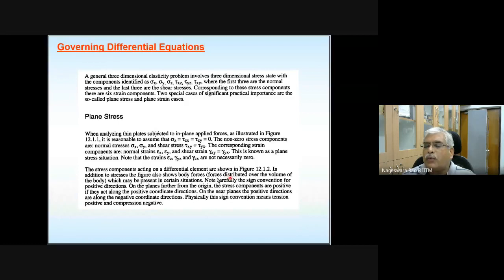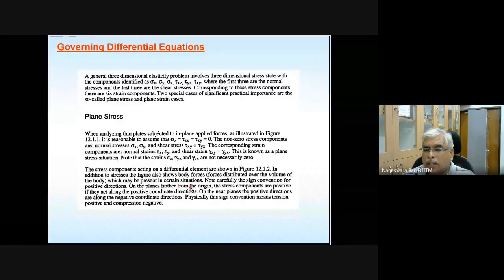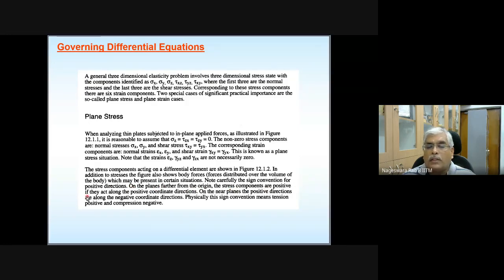If this force is not significant for your analysis, then you can ignore that. Note carefully the sign convention for the positive directions. On the planes farther from the origin, stress components are positive if they act along the positive coordinate directions. On the near planes, positive directions are along the negative coordinate directions.